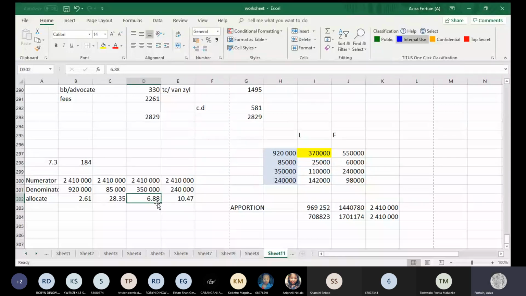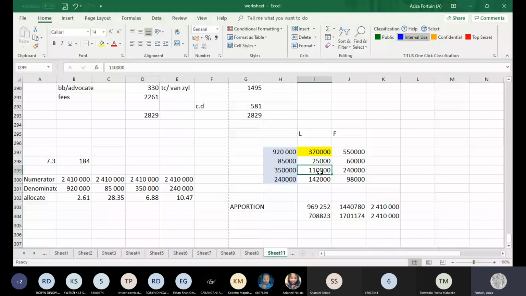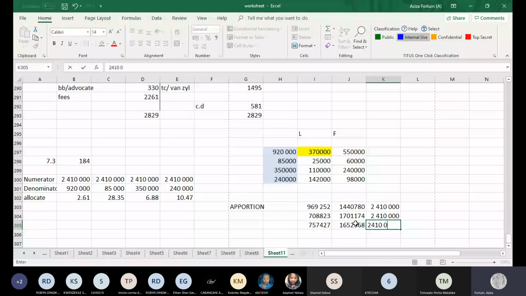So 6 Rand 88 times 110,000, let me just calculate it quickly. It's 757,427. And 6.88 times the 240,000 you're going to get an amount of 1,652,568, and that should equal the 2,410,000 with all the rounding off.